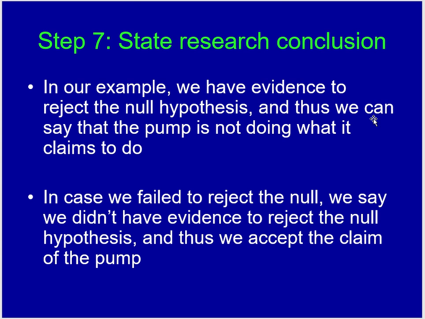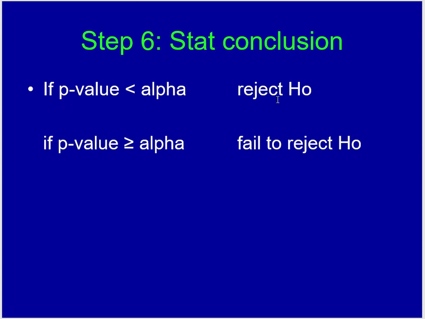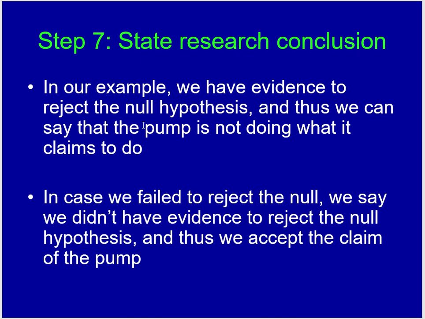So we rejected the null hypothesis based on what happened with the p-value, and therefore you're going to say something about the pump, remember? Well, you're going to say that we have evidence that the pump does not maintain the blood glucose at 100, since we rejected the null hypothesis. So are you going to say that the blood sugar is greater than 100 or less than 100?